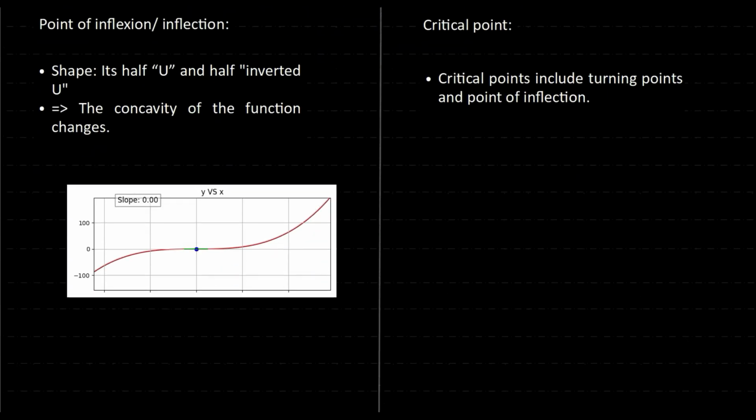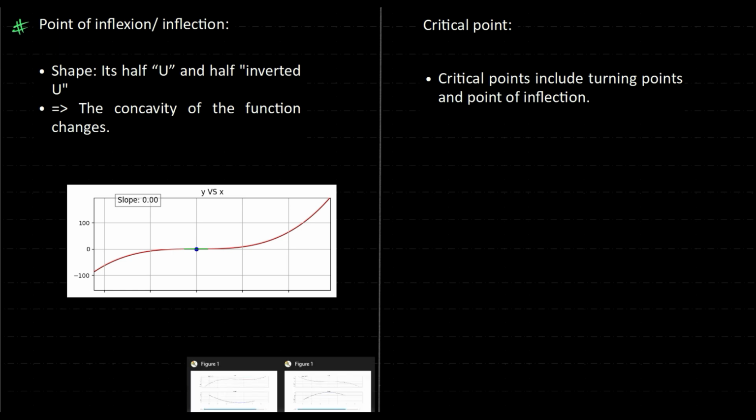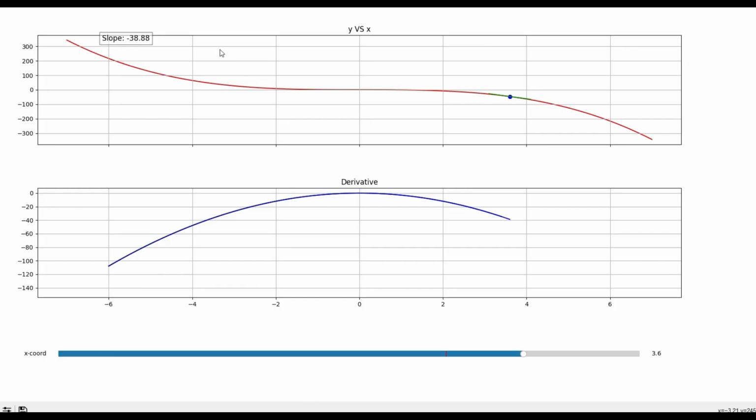Now, there is one more variation to all of this. That's your point of inflection. It is spelled in this manner and this manner as well. I don't know the reason why. So I have a graph over here. What is the slope over here? It's negative. Till now, wherever we saw a graph which has a slope of 0, the slope would have flipped from negative to positive, as per the above discussion. But here again it's negative.